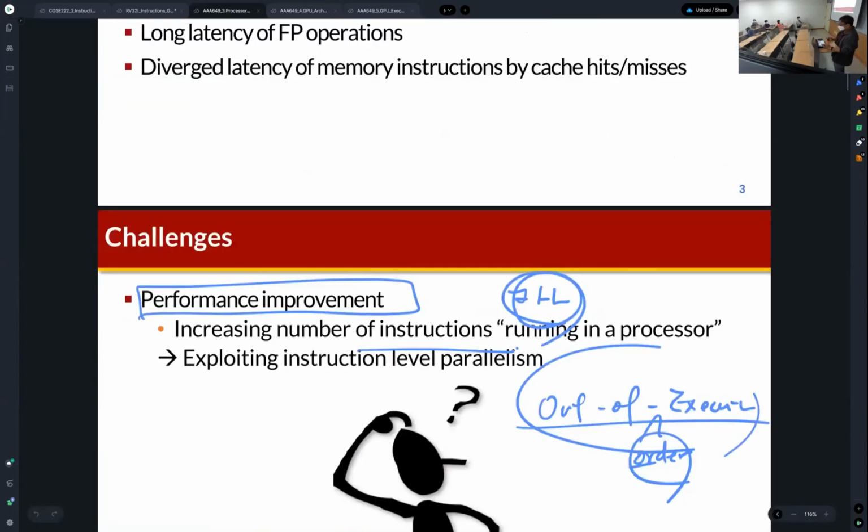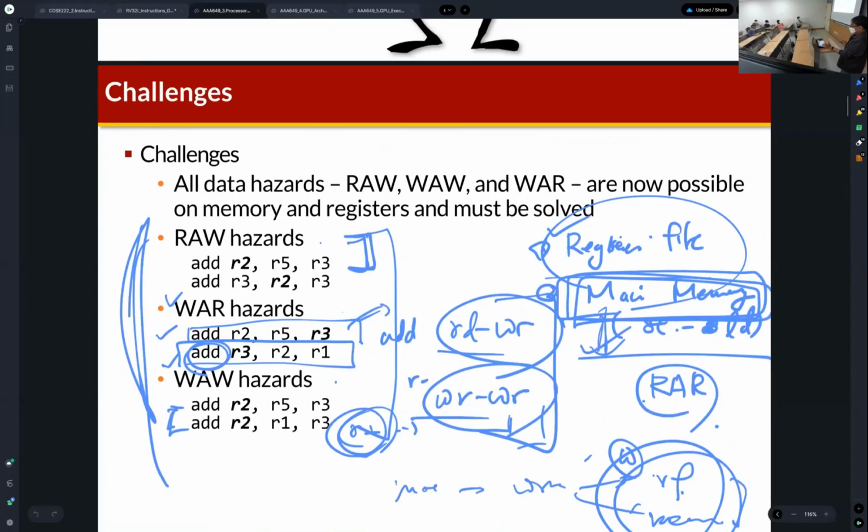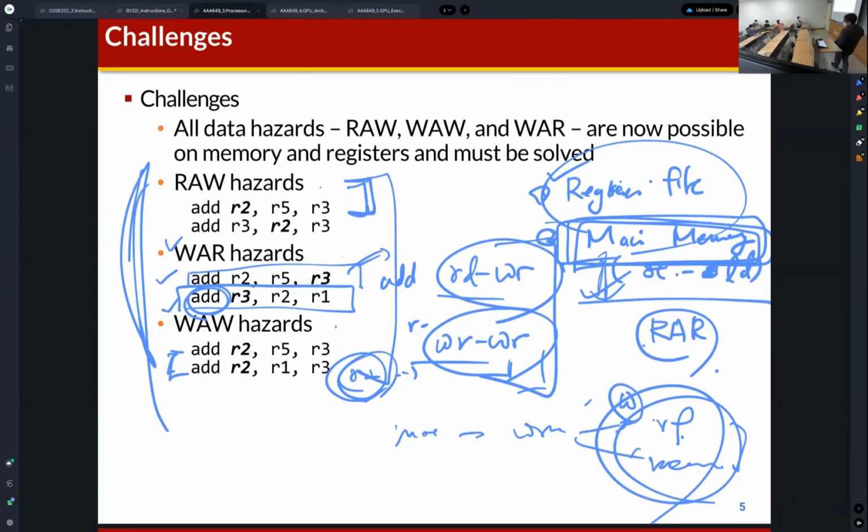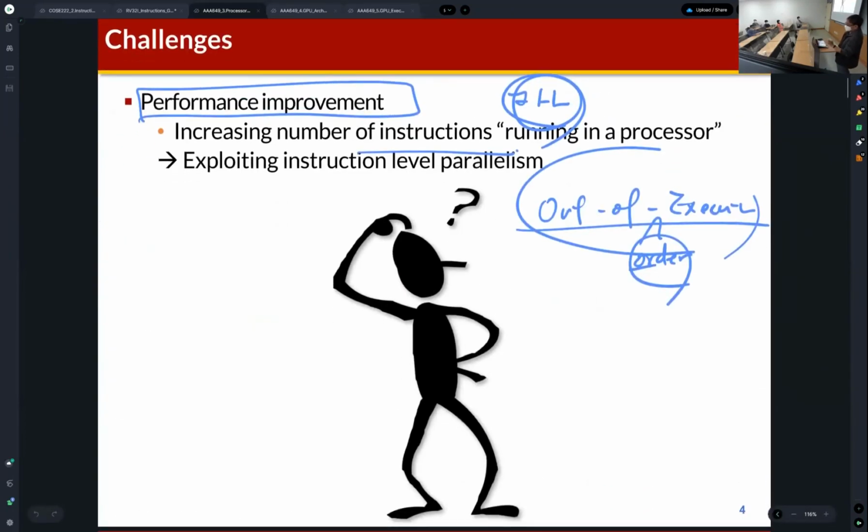So why did computer architects develop the out-of-order processor architecture? In order to improve the performance of the processor, there are several different ways. But when we focus on the performance of a single core processor architecture, then we need to increase the number of concurrent instructions.